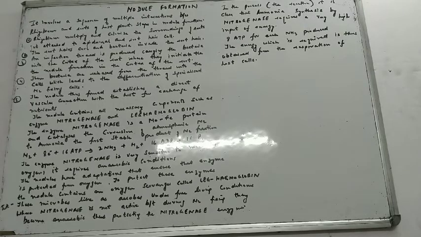Understood the functions of both of them? Nitrogenase is necessary to convert nitrogen to ammonia. But what is the function of leghemoglobin? Since the enzyme requires anaerobic conditions, the nodules contain this oxygen scavenger, leghemoglobin.